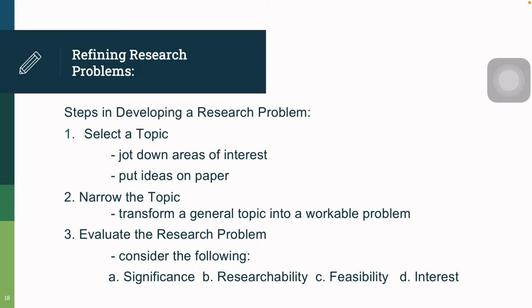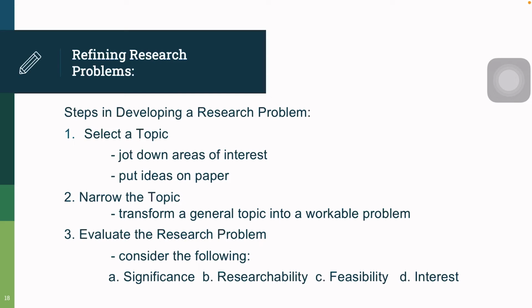For example, if your topic is immunizations, it would be better to narrow it down to a specific, more researchable problem. With immunizations, what particular vaccine would you like to study? Would your topic benefit the nurses, or is your study more on the population? You can do that by narrowing the topic.